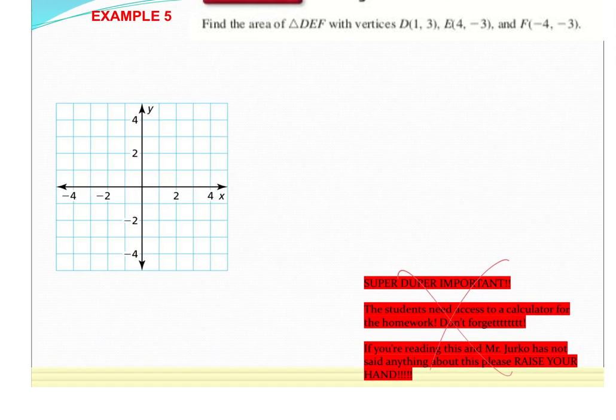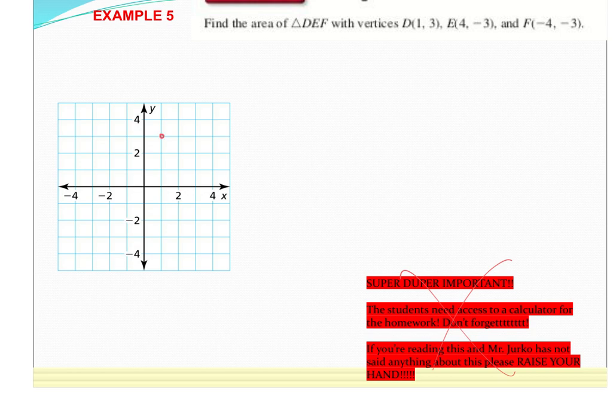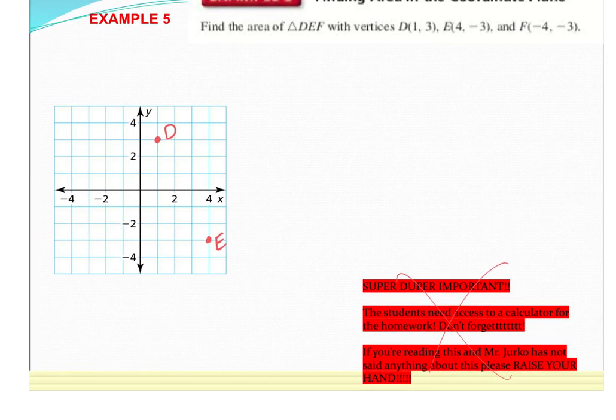So plot your points. D is at 1, 3. E is at 4, -3. And then F is at -4, -3. Remember, we are finding something different in this problem.